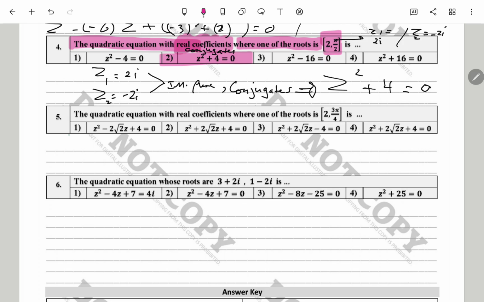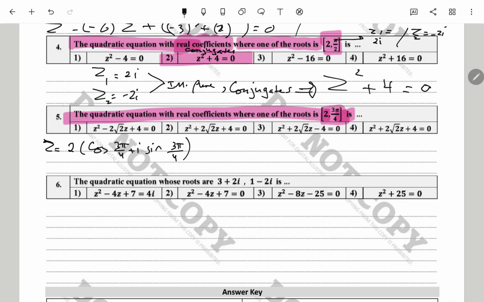In number 5, the quadratic equation with real coefficients again, where one of the roots is written as 2 times 3 pi over 4. This can be easily translated to algebraic form by using this rule: 2 outside multiplied by cosine 3 pi over 4 plus i sine 3 pi over 4.